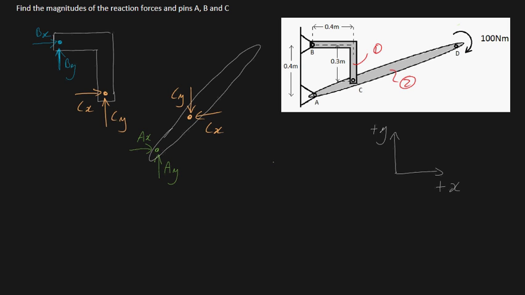I hope that makes sense. Each action has an equal and opposite reaction. Also, we know free body diagrams show external forces and external torques, so we also need to draw the 100 Newton meters in the clockwise direction here.